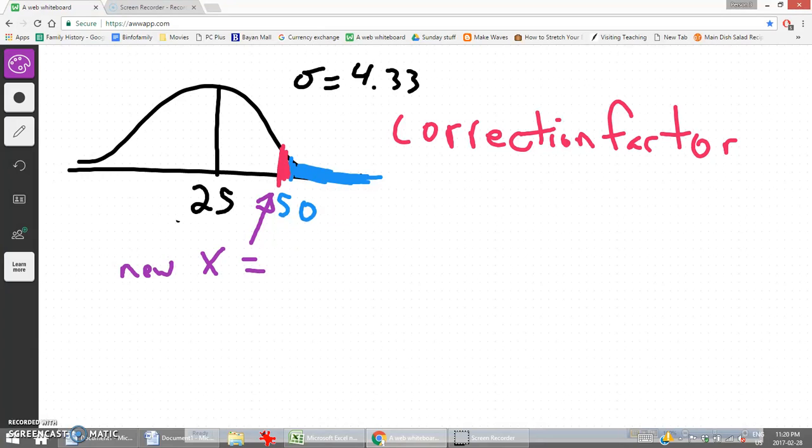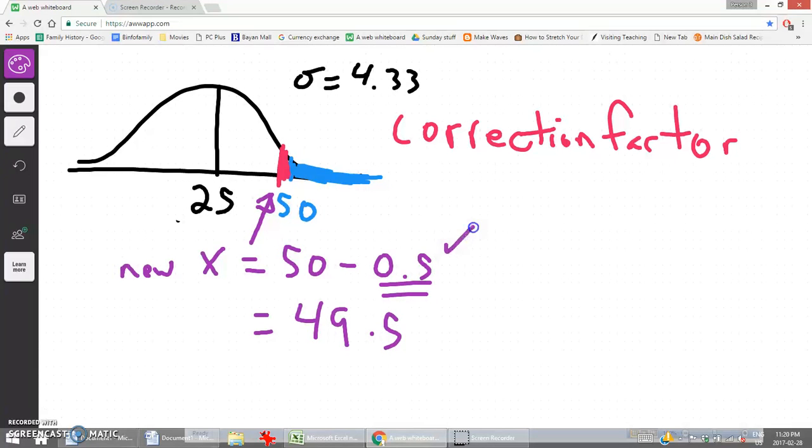That little bit extra we've added into that area has actually decreased that value from 50. It's always going to work out that we subtract 0.5 from that original x value. So our new x value is 49.5.